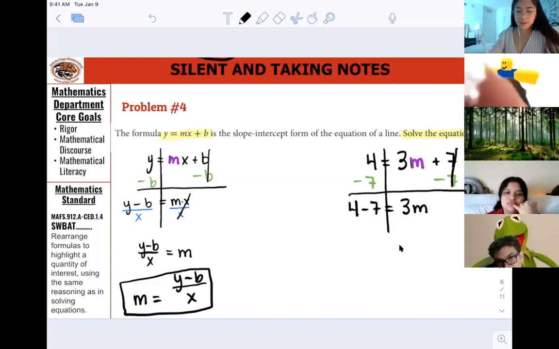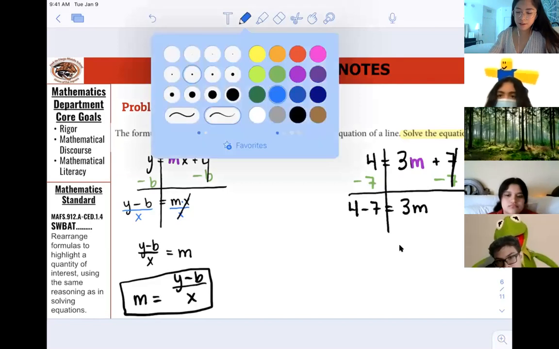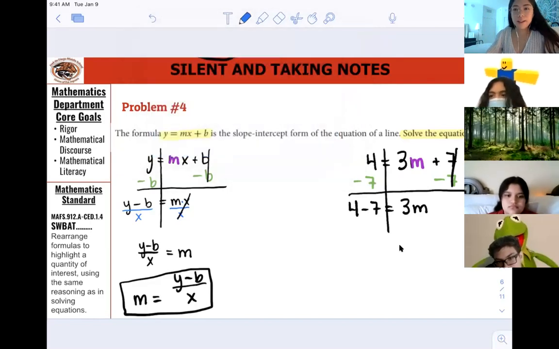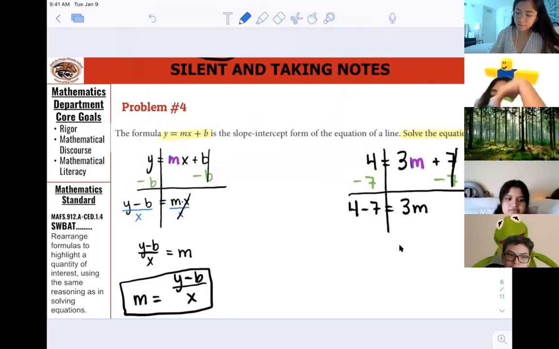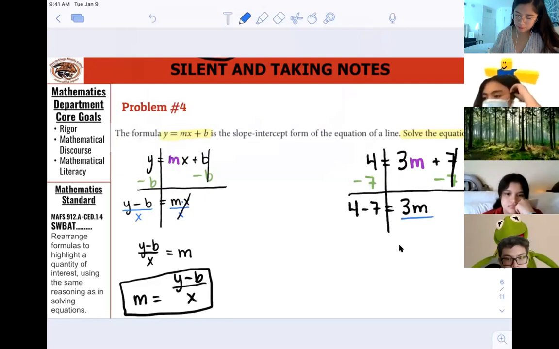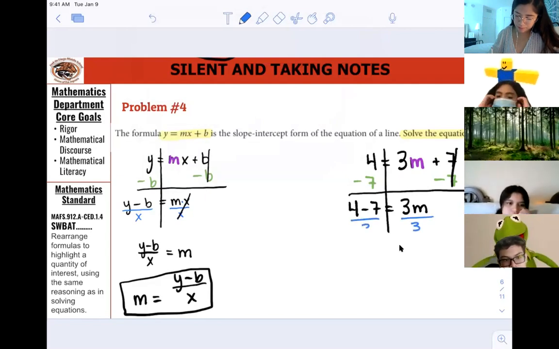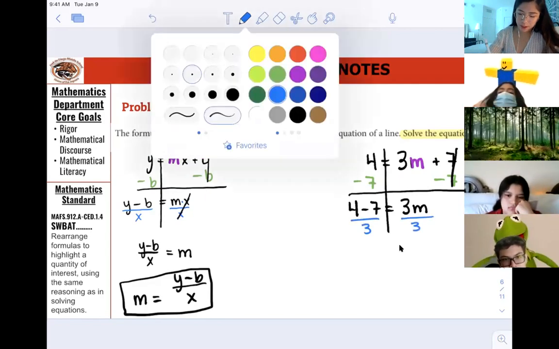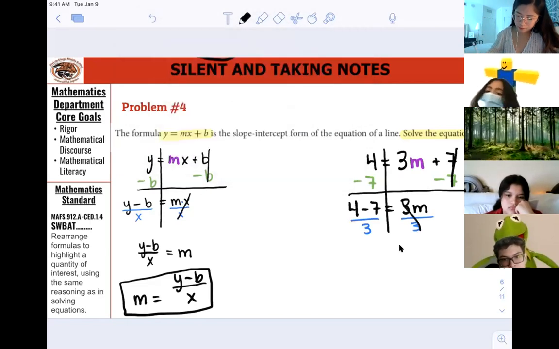The only reason I'm doing this is to show you the similarities. If I'm getting m by itself, what do I do now? Divide. I would divide by 3, right? This would eliminate my 3, and I would be left with m equals 4 minus 7 over 3.